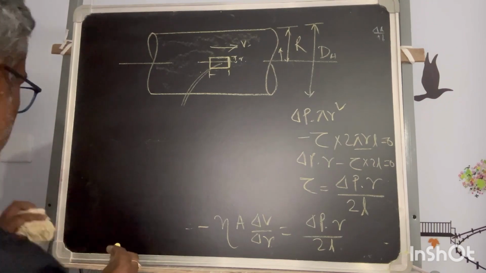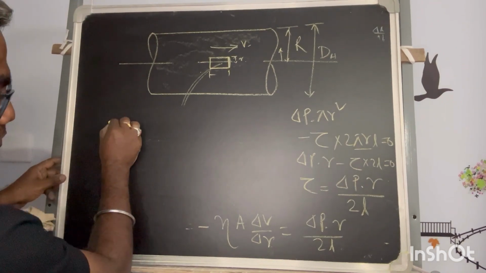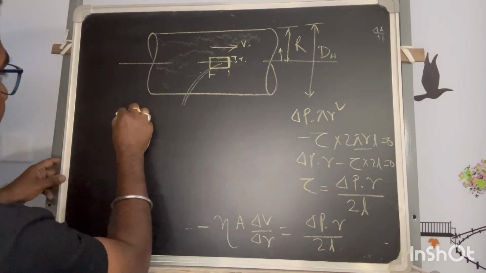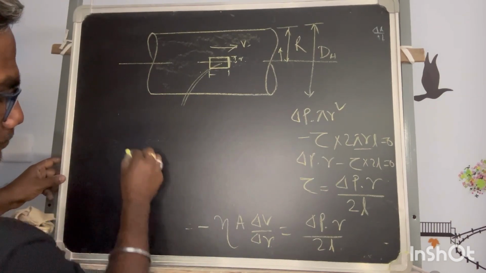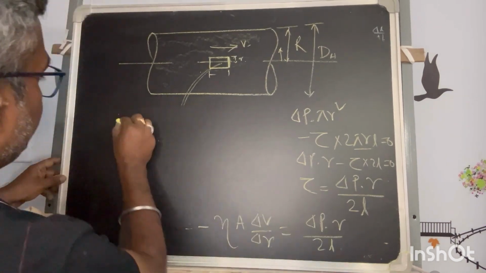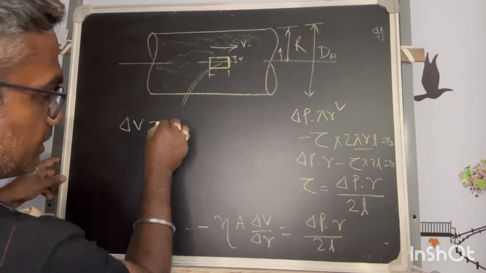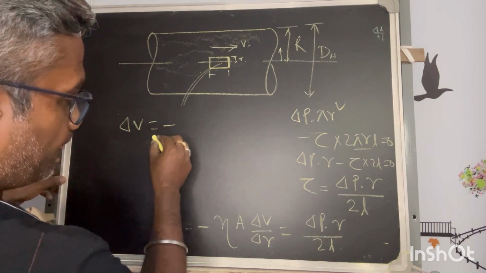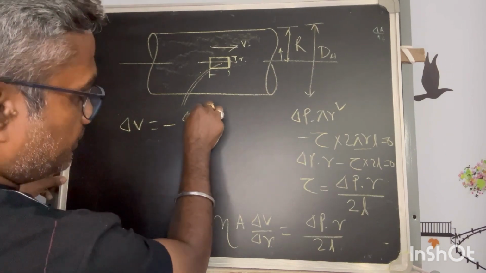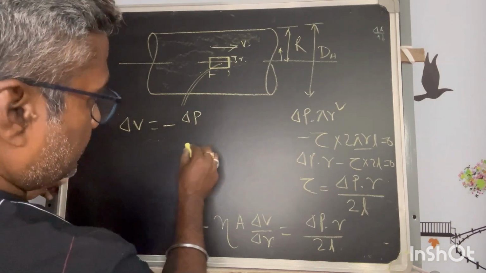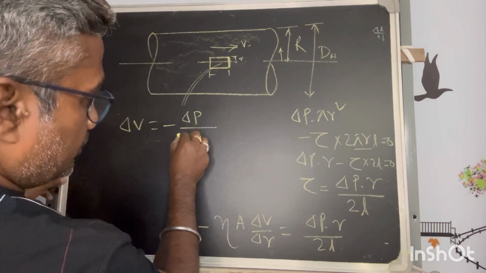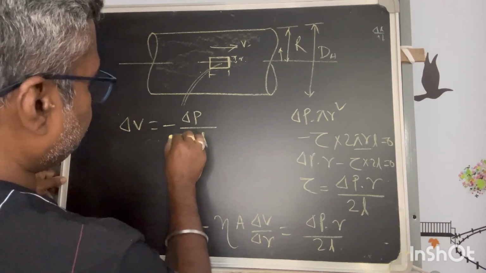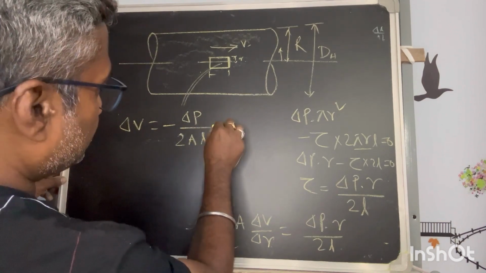Okay, now we'll move with this equation. So what are the variables? dv, if I take it to one side, the other side will have minus delta p divided by 2L.